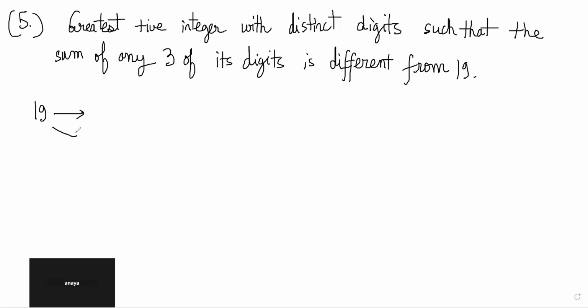What are the ways that we have to make 19 using three digits? 199. Yeah, 199 is not a case we can consider because we have to have distinct digits. Oh, right. So 649 or 568. Yeah. Then 649.